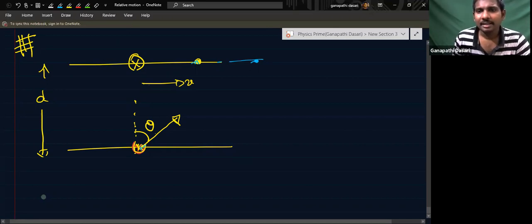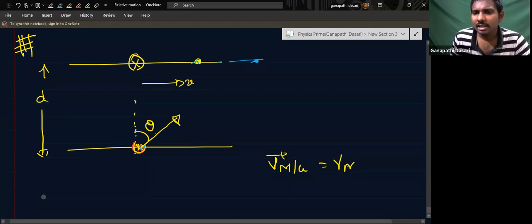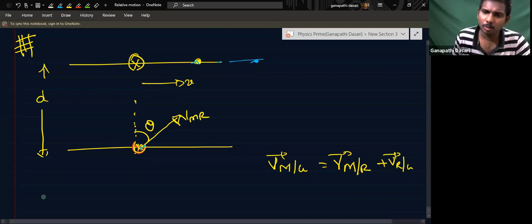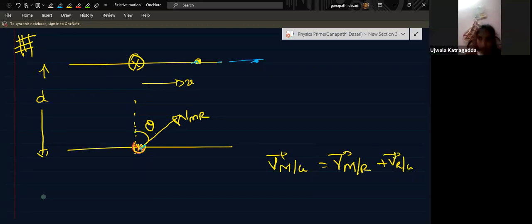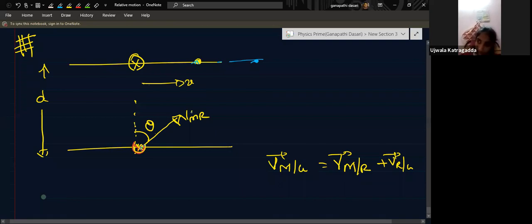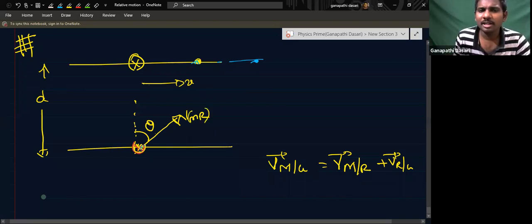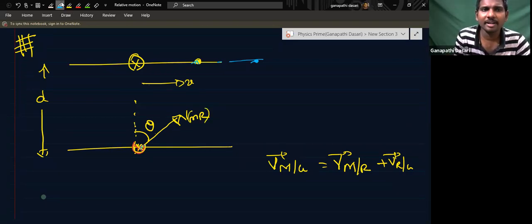For us to get the velocity of the man with respect to ground, what should we do? The velocity of the man with respect to river, VMR, plus the velocity of the river with respect to ground. We have to add both of these. The velocity of the man with respect to river can be resolved into two components, X component and Y component.